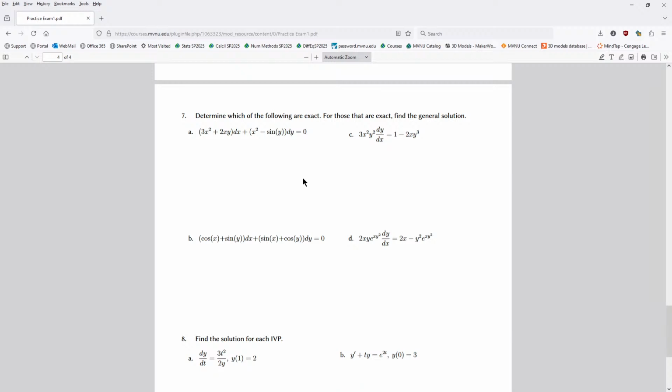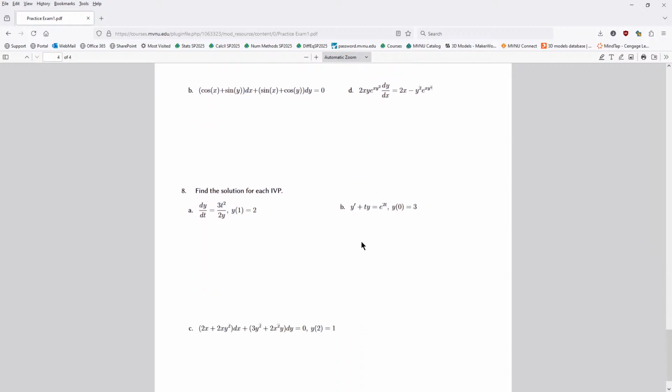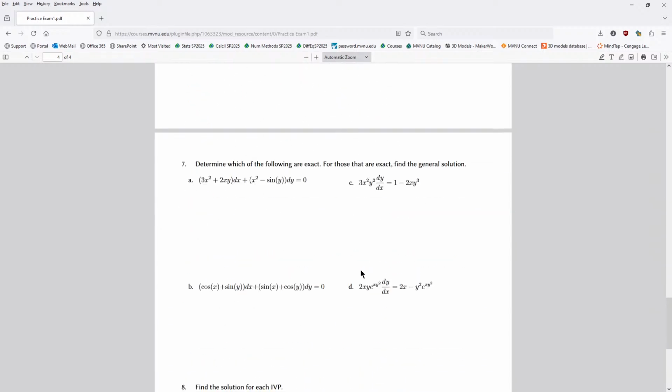This is a different category. Determine if they're exact. That we're going to go over on Monday. The exact equations. It was these I was thinking of. This is linear. This is separable. You can do both of those now, hopefully. The last one, the bottom one, is called exact. So we'll talk about what that means on Monday.